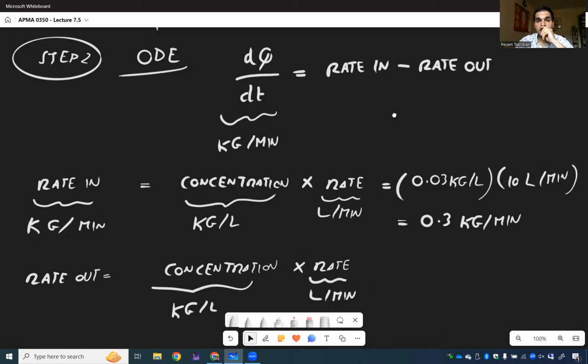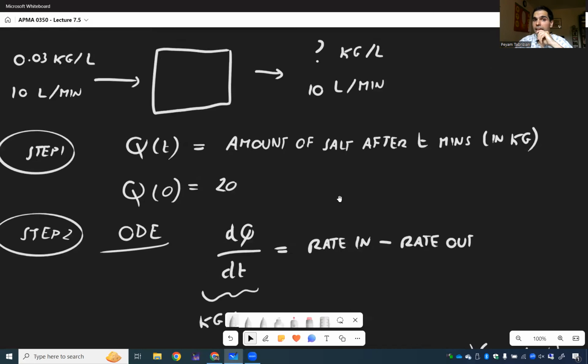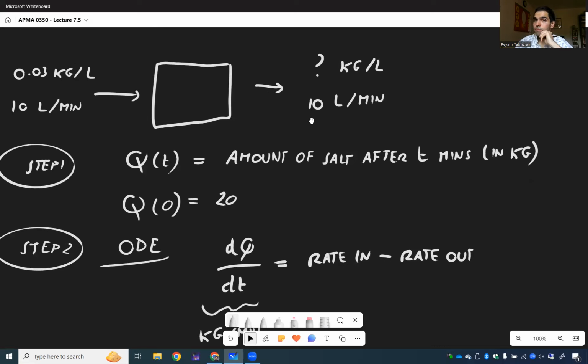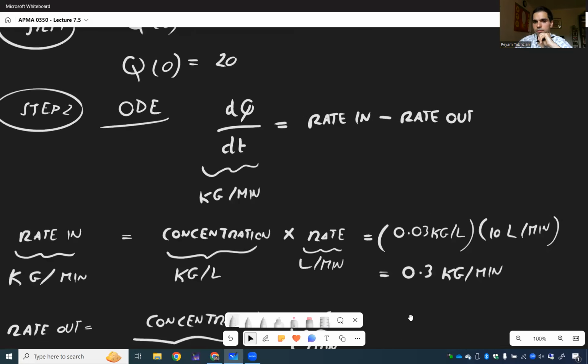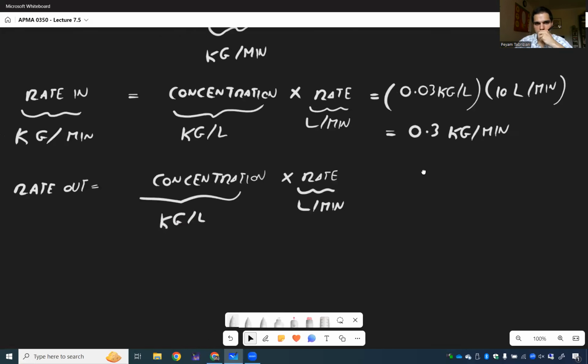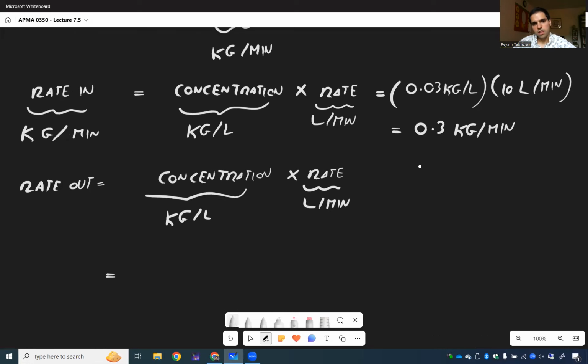The rate going out, based on this picture, is still 10 liters per minute. For the concentration, it's the concentration of salt in the tank.